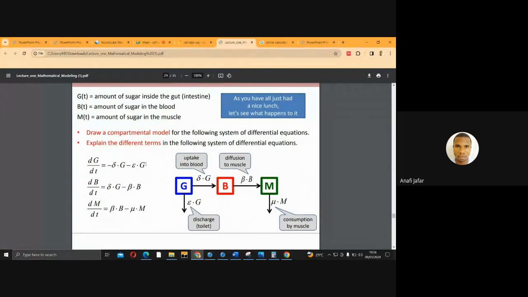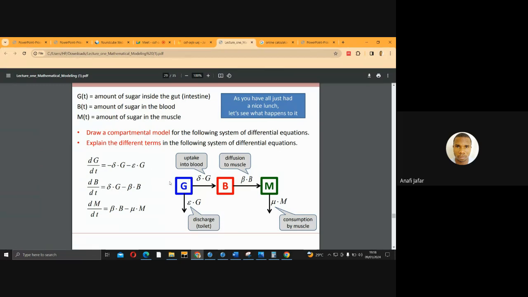So here, what do you have? You have a negative, which means two things go out of G. One, it goes out from G to B. Two, it goes out from this other term.